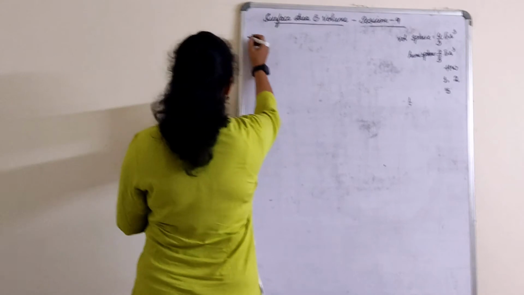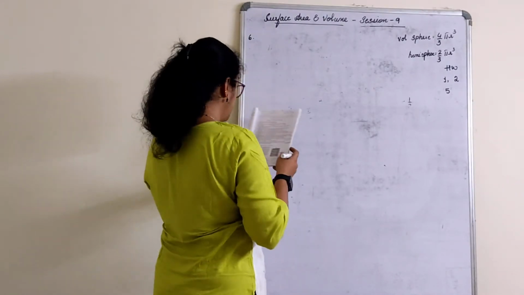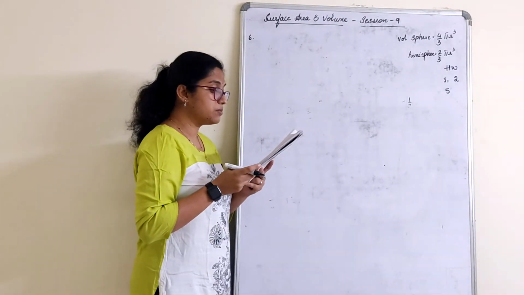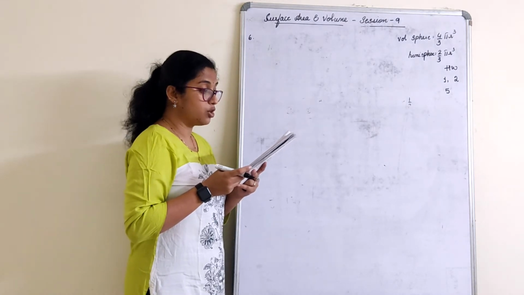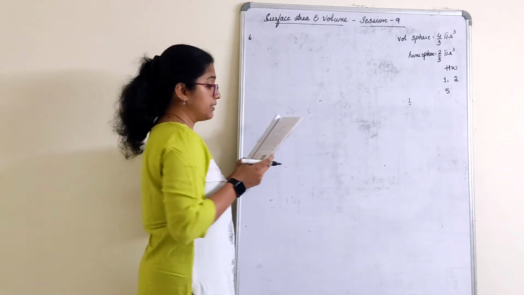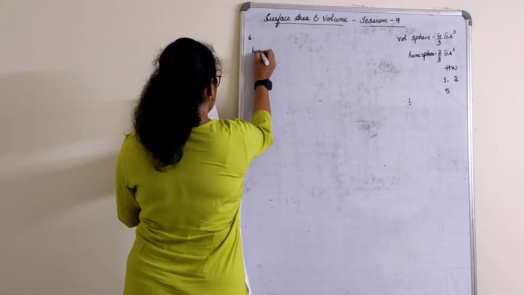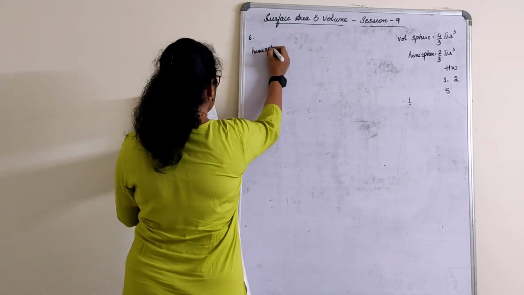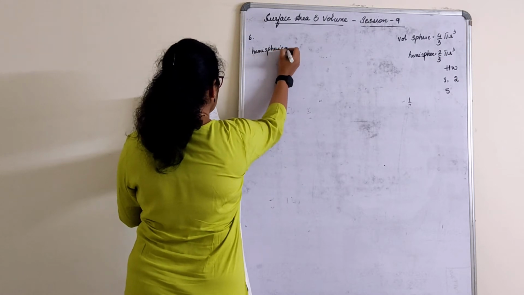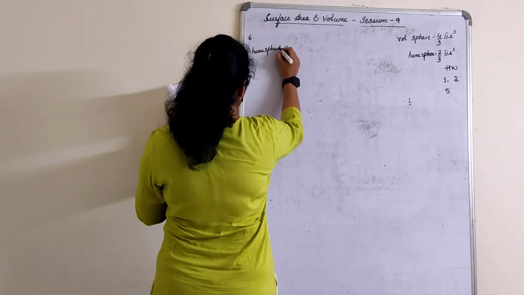Sixth one. A hemispherical tank is made up of iron sheet of 1 centimeter thick. So, it's a hemispherical tank. Hemisphere. Okay.